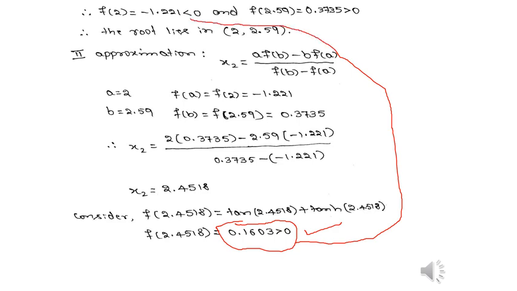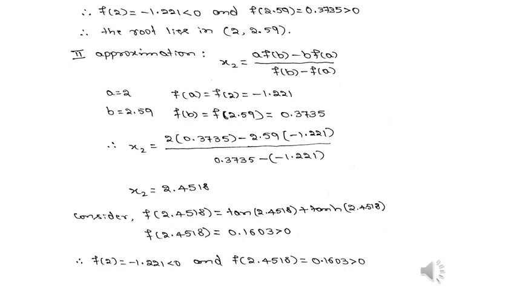So here the negative is f of 2. So we can conclude that our root lies between 2 and 2.4518. So we have the opposite signs. Now we conclude this root lies between these.